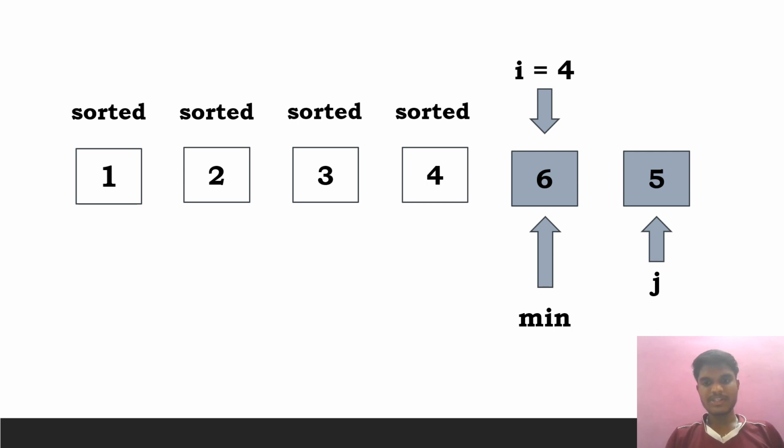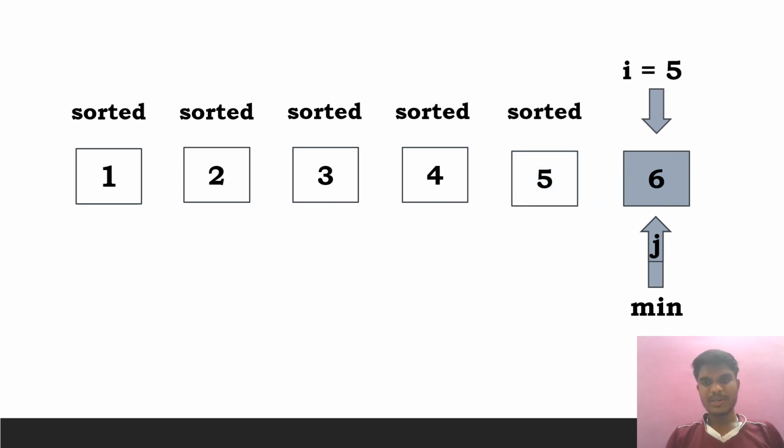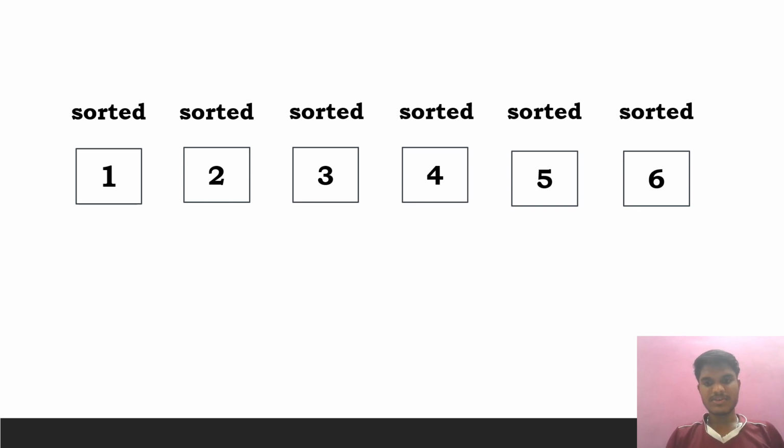Then we check minimum less than j, 6 less than 5, false. Hence, minimum becomes j. Then we will swap minimum and the fifth element of the array. Hence, 5 elements are sorted, and then the sixth one is sorted as well.